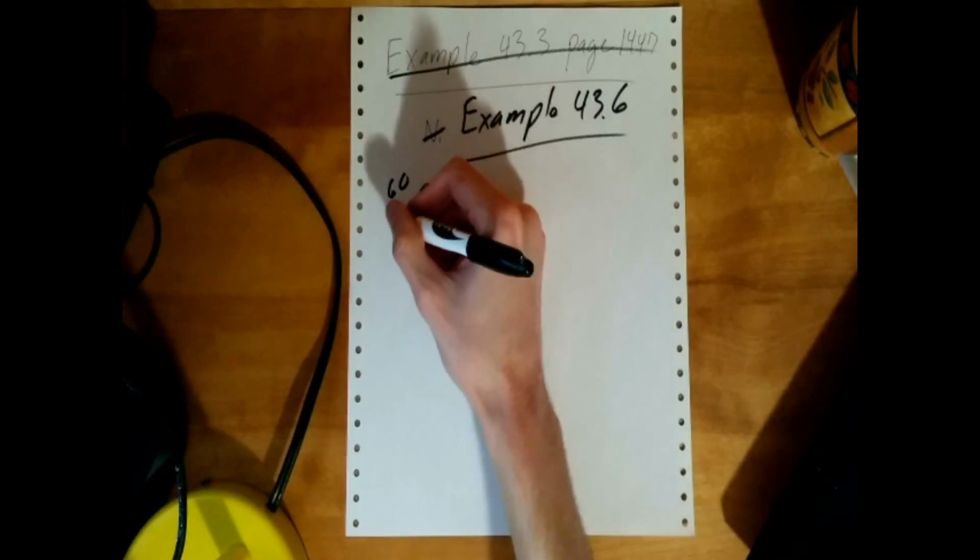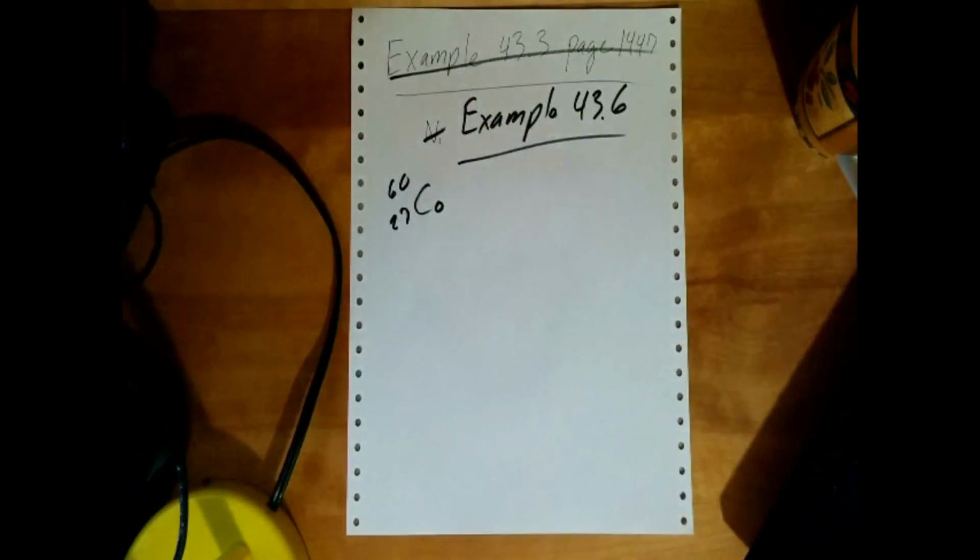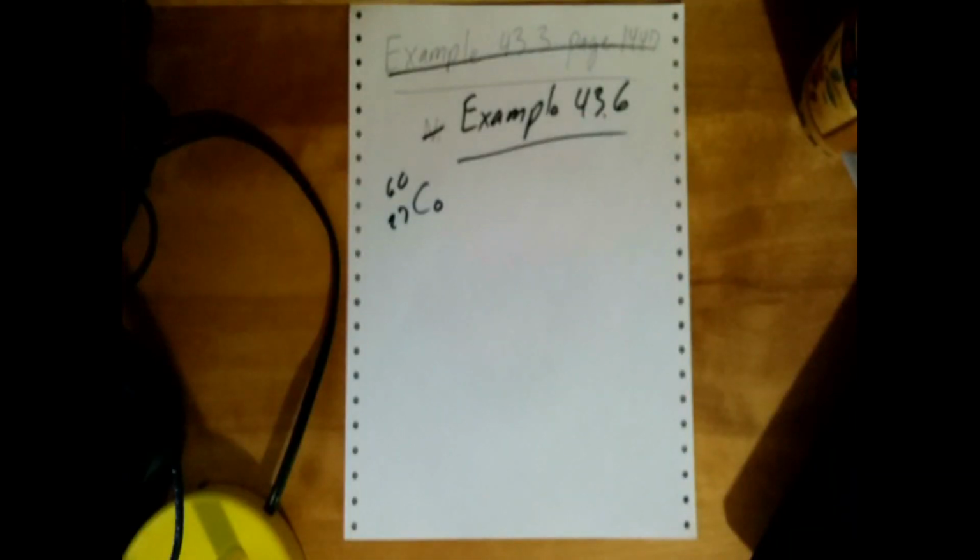So cobalt has, from what we're told, 27 protons. We want to show if it is unstable relative to beta minus decay, meaning that it will go through this decay.